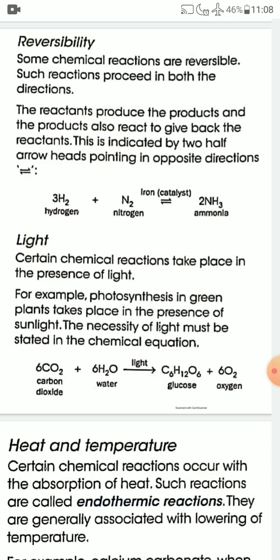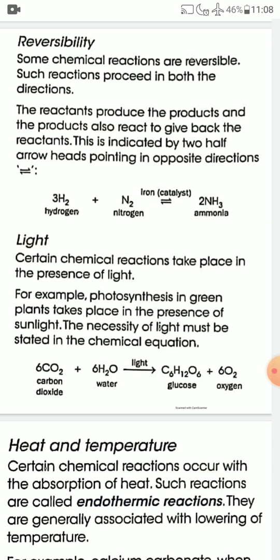That means this reaction can proceed in both directions, that is, in the forward direction and in the backward direction also. The reactants produce the product, and the product also reacts to give back the reactants.